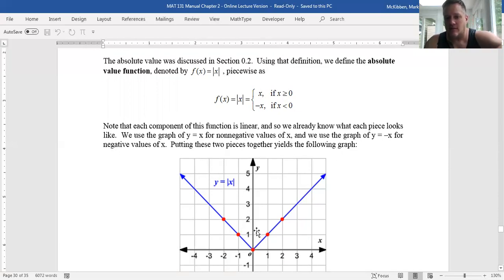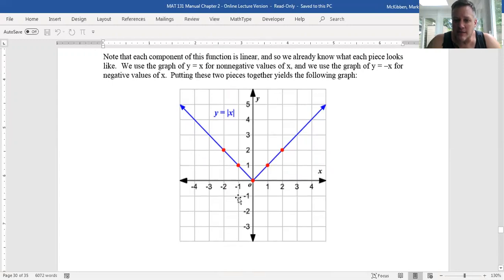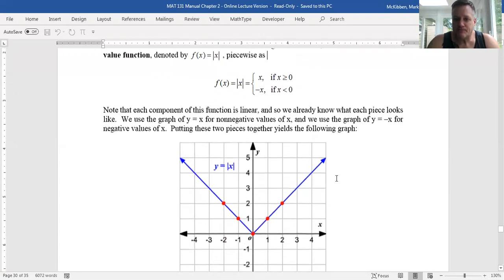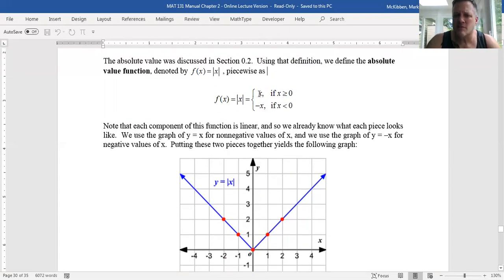And so I get this piece. So don't actually worry about this left piece for now. You just get this part of the graph. Now, you don't continue on to the left with y equals x because this part only applies if x is non-negative. So we don't consider what the graph of this looks like for negative values of x.